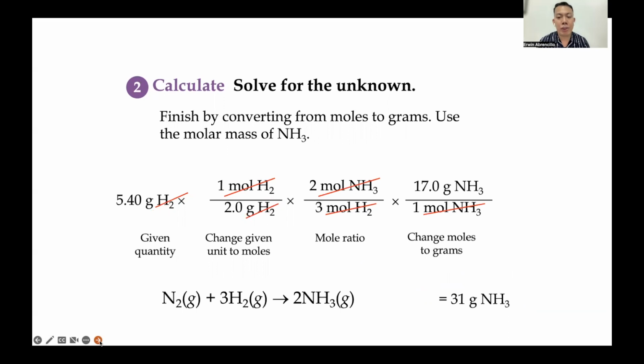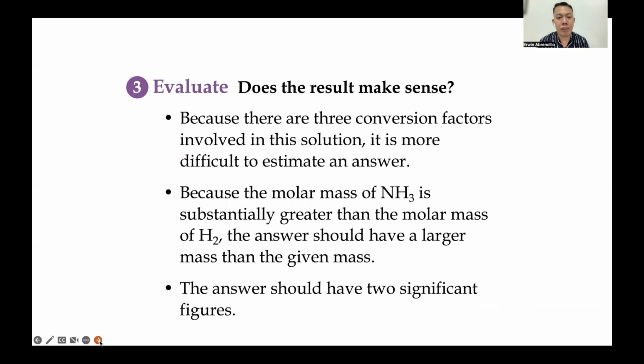And then change moles to grams. This is 17 grams of ammonia. So cancel out the units. So at the end of it, you'll be able to get the grams of ammonia, which is the one being looked for in this problem. So with that, you can see that the answer is 31 grams of ammonia.